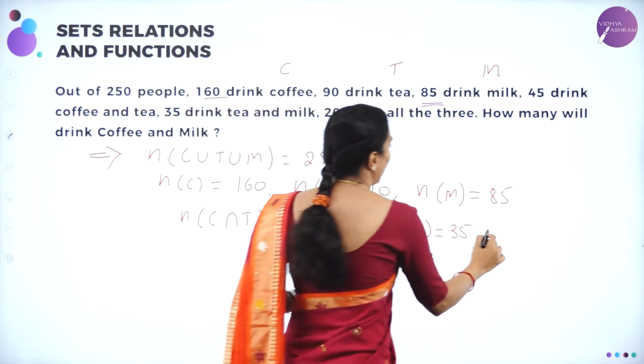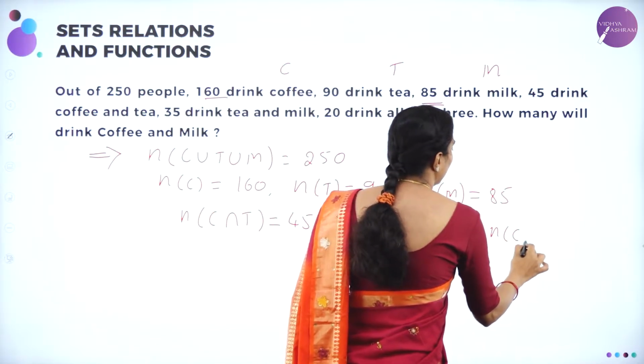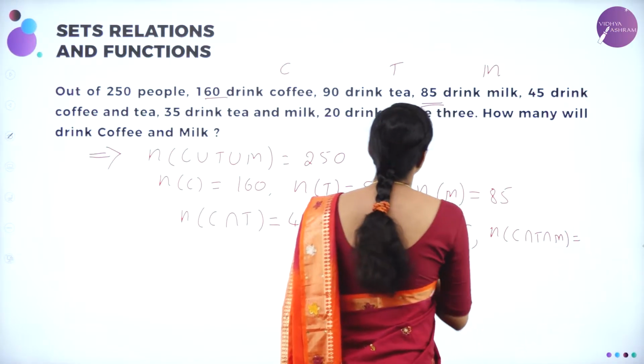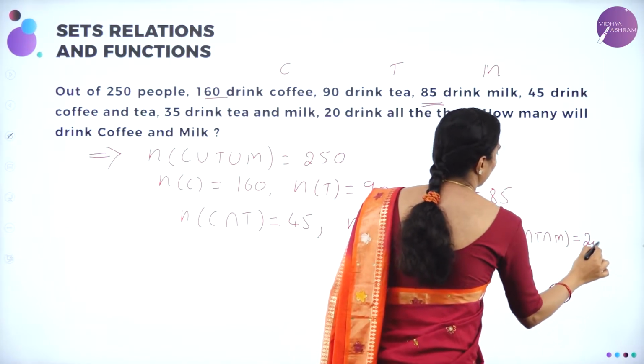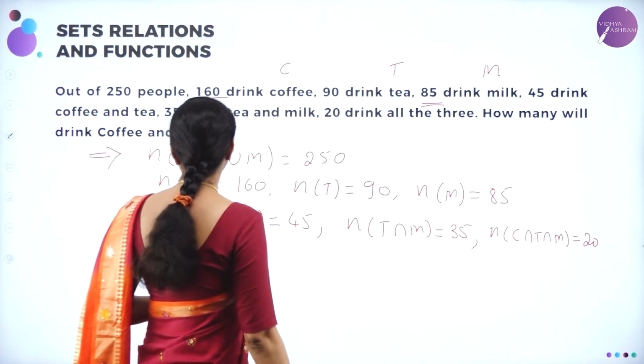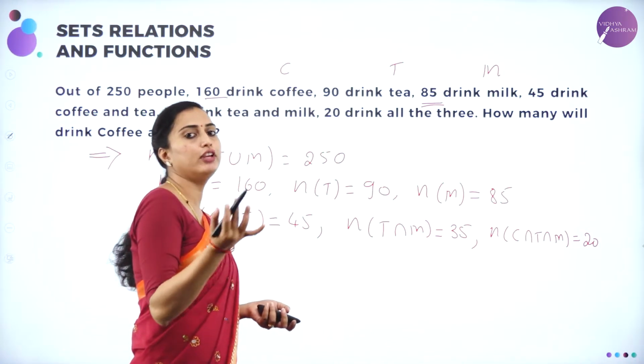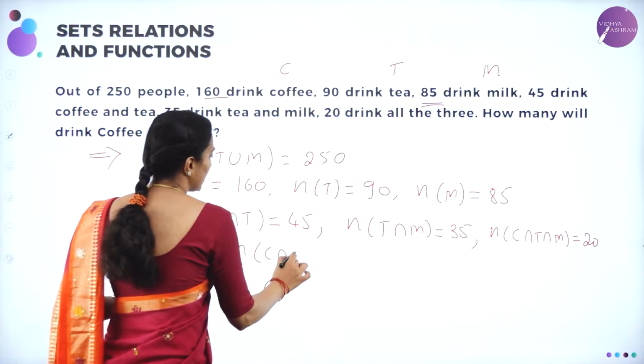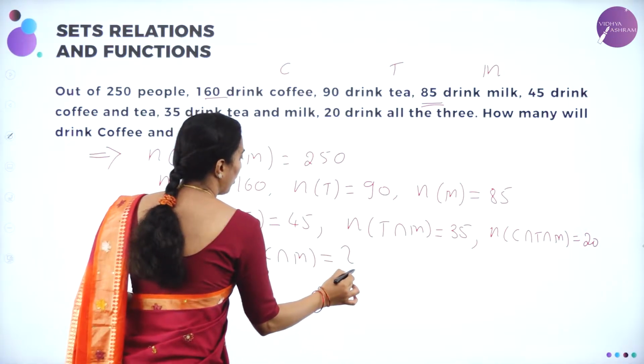All the 3 means N of C intersection T intersection M is equal to 20. How many will drink coffee and milk? Coffee and milk means N of C intersection M will be equal to how much?